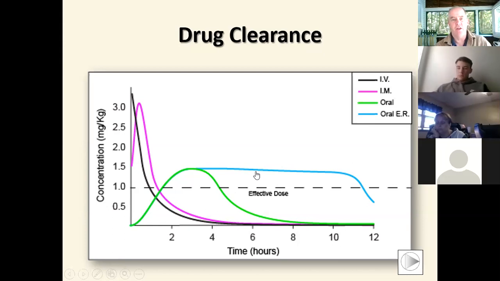And then, again, you've got this dynamic where as it's being absorbed, it's eliminated, and it only lasts for so long. What the extended release does is they formulate that thing, they package it up in such a way that it's not going to dissolve in your stomach and be totally released. It's going to sit in your stomach, get past your intestine, and slowly break down as it goes down your intestine. So as it's breaking down, it's releasing drug. So you're getting a constant release over a long period of time.